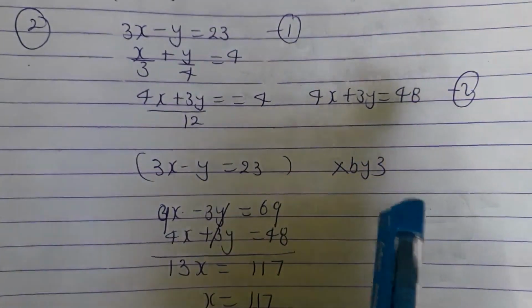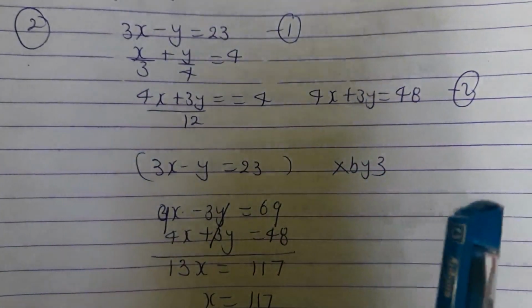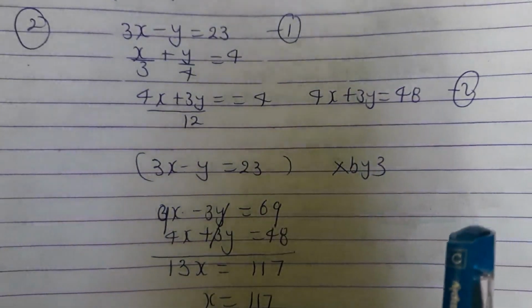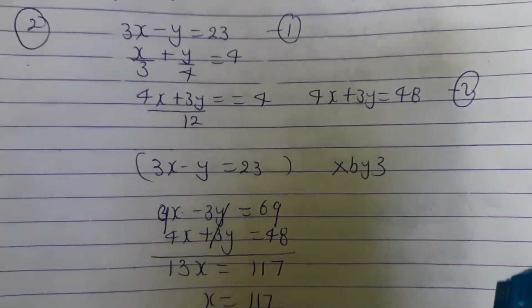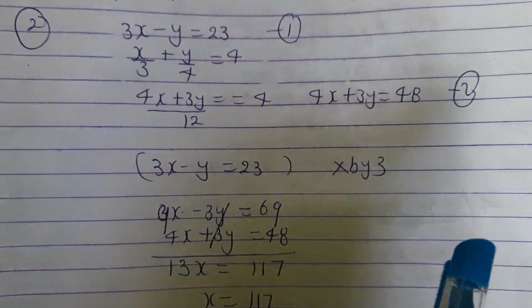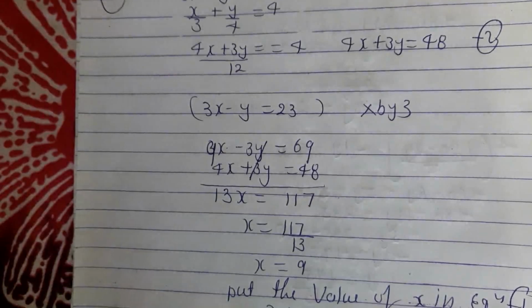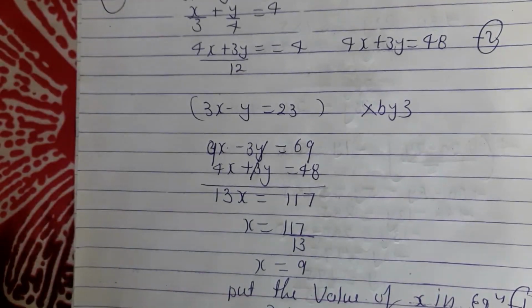Now we will solve the first and second equations by the elimination method. In the elimination method, we multiply the equations by a suitable number so that the coefficient of x or the coefficient of y in both equations becomes numerically equal.